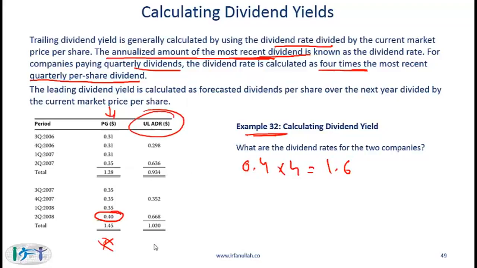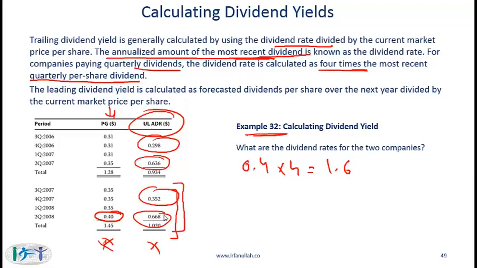But what about this other company, UL? And again, you are sitting over here. This other company pays dividends every 6 months. And it looks like there is a big difference between the dividends. So the intermediate dividend is a small number, and then the final dividend is the big number. So there are several scenarios here. Do you just take 0.668 and times 2? That would not make sense. What you actually do over here is add these two numbers.